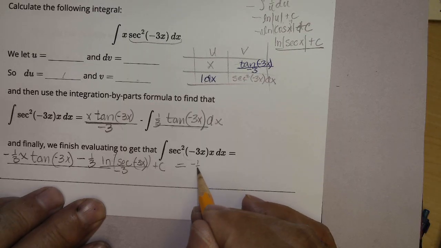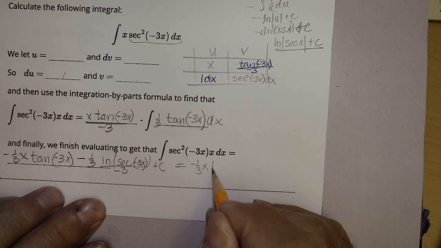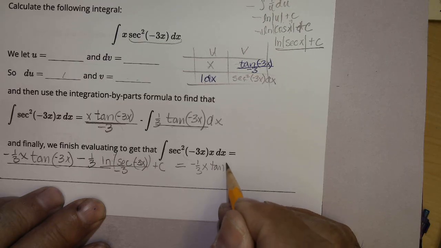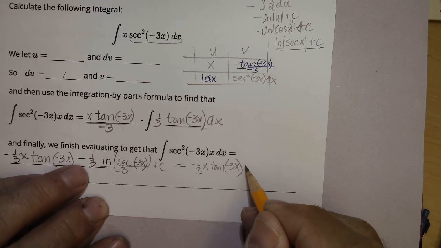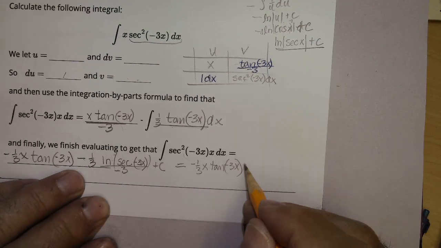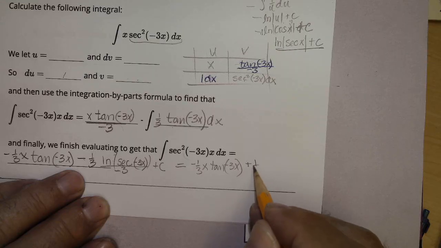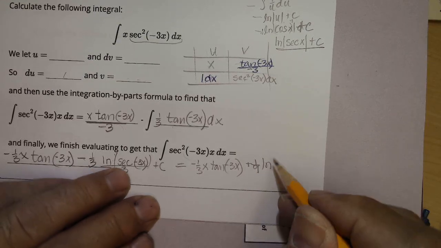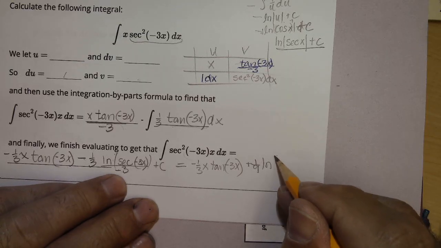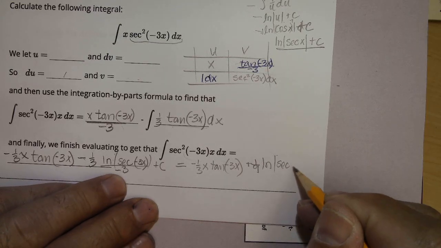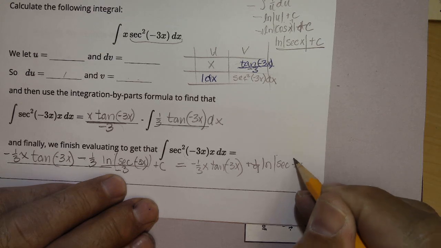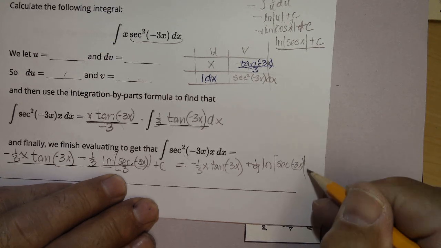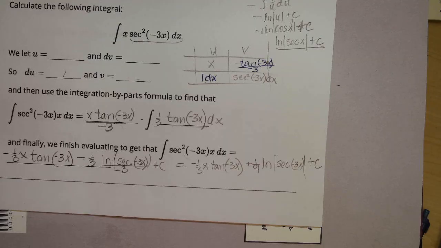So I end up finally with negative 1/3 x tangent negative 3x plus 1/9 ln of the secant negative 3x plus c.